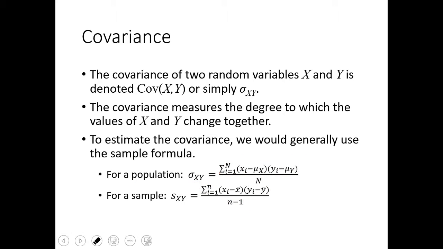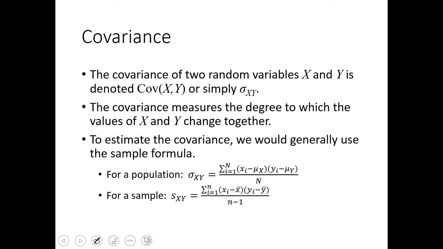If covariance is high and positive, that means the two data are highly correlated positively, and if covariance is very low, negative, then the two data x and y are negatively correlated. If covariance approaches 0, then these two data have no linear dependence, no linear relationship.